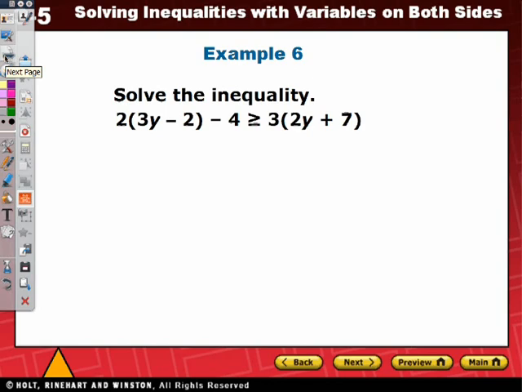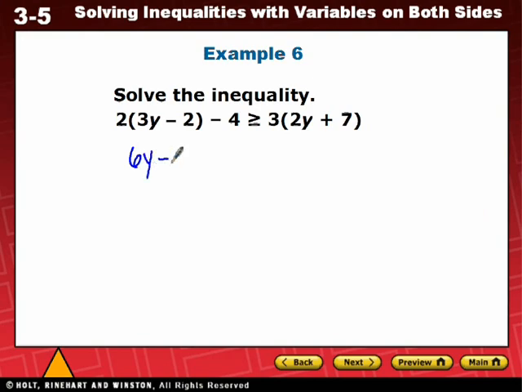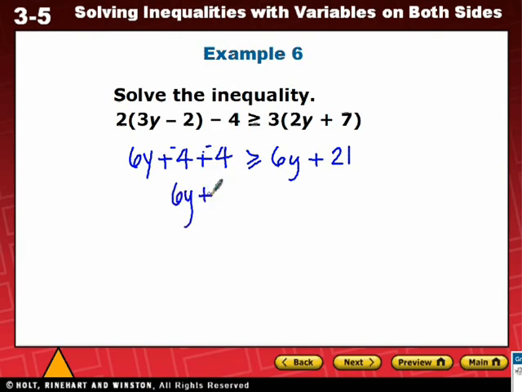Start simplifying it. Feel free to pause. When you get stuck, come back. When I distribute, I get 6y minus 4 is greater than or equal to 6y plus 21. I'm going to get my like terms together here, and I've got 6y plus negative 8 is greater than or equal to 6y plus 21.